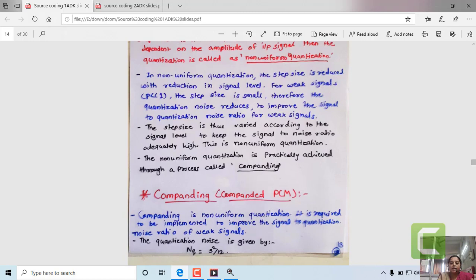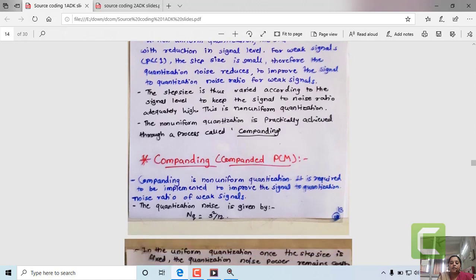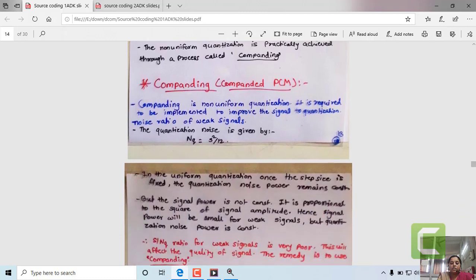To understand this compounding process, we will again start with the quantization noise value that we derived in the SNR equation. We said that quantization noise will have the magnitude of S square divided by 12. In uniform quantization, once we have defined the step size, and as the step size remains constant, the quantization noise power also will remain constant. But as we have said, the real-time signal goes on changing its magnitude continuously.